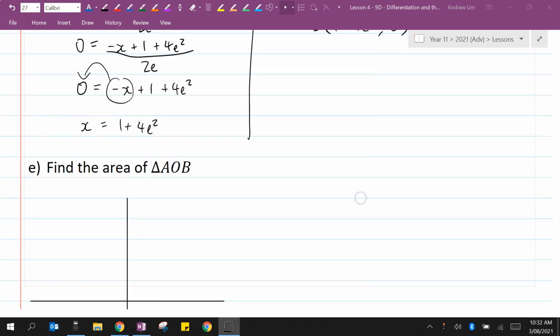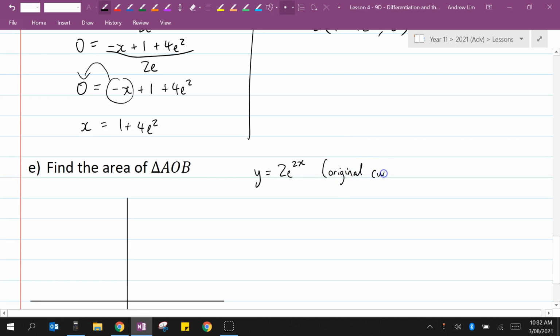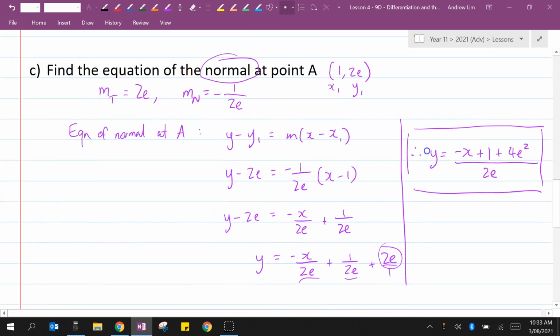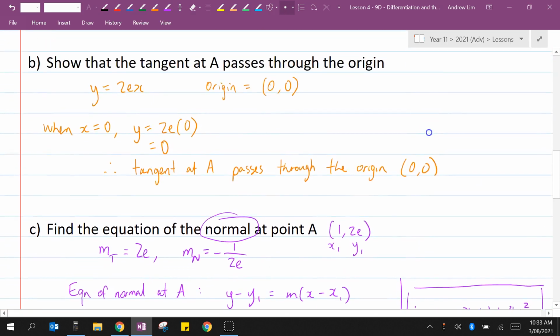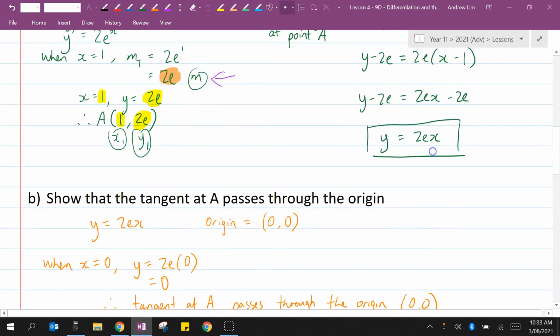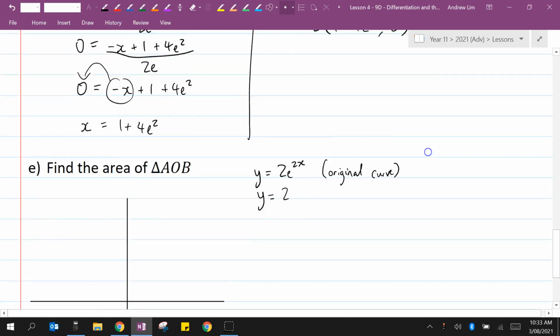Okay, so we want to graph y is equal to 2e to the 2x. That's our original function. That was our original curve. We also want to graph y is equal to, let's have a look at the equation of the tangent. Equation of the tangent is 2ex.